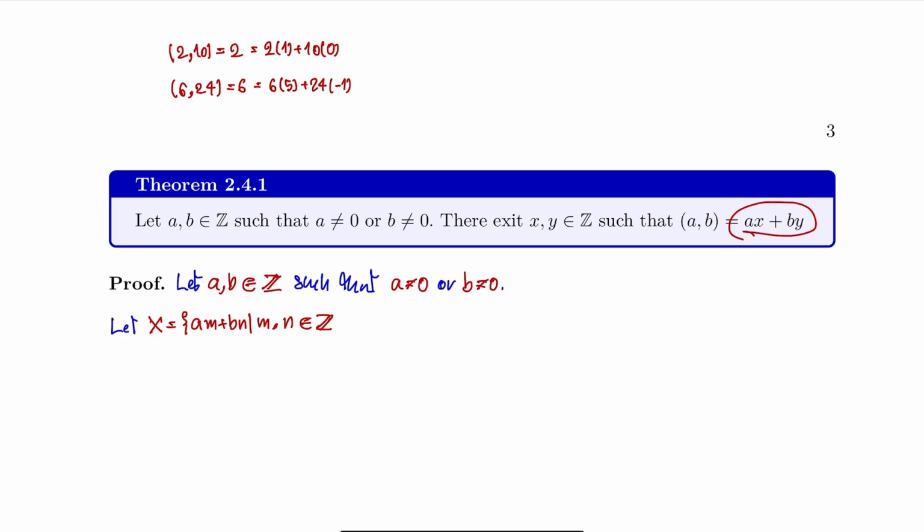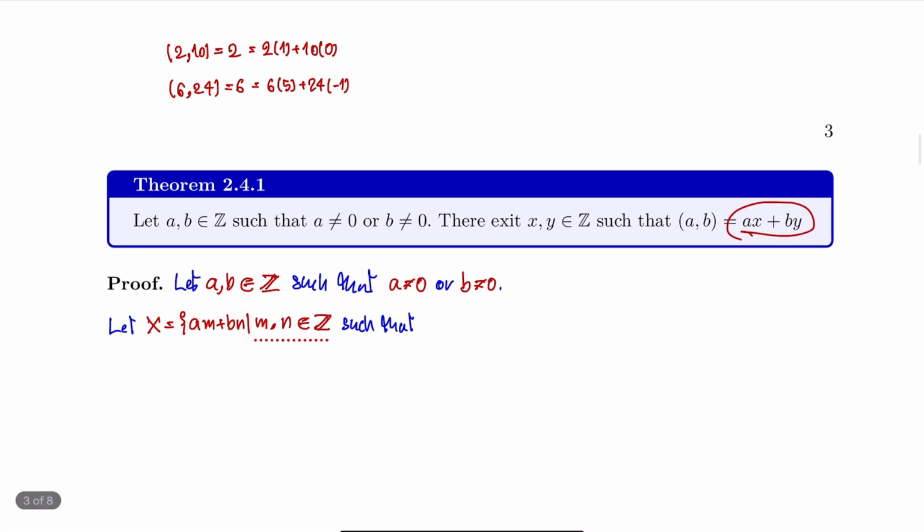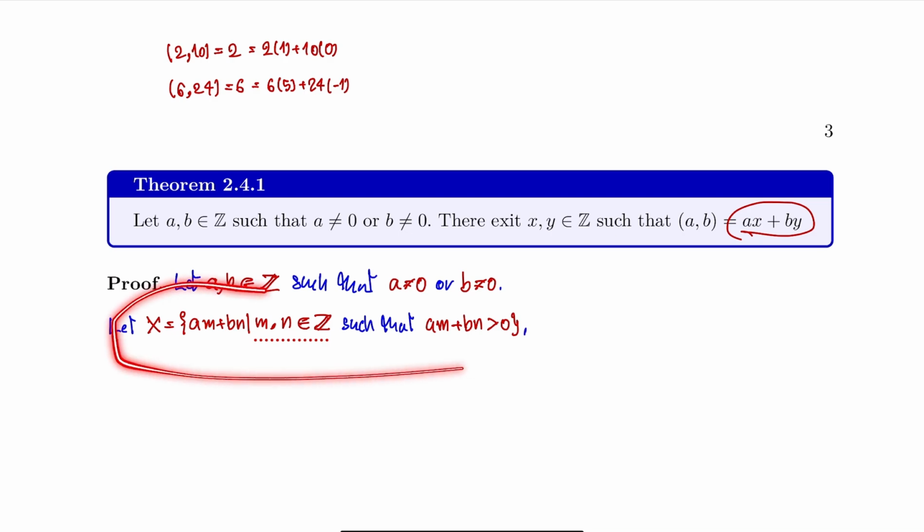We know that the greatest common divisor is a positive integer, so we have to write the condition such that this integer is positive. So we need am plus bn greater than 0. This is the set X.